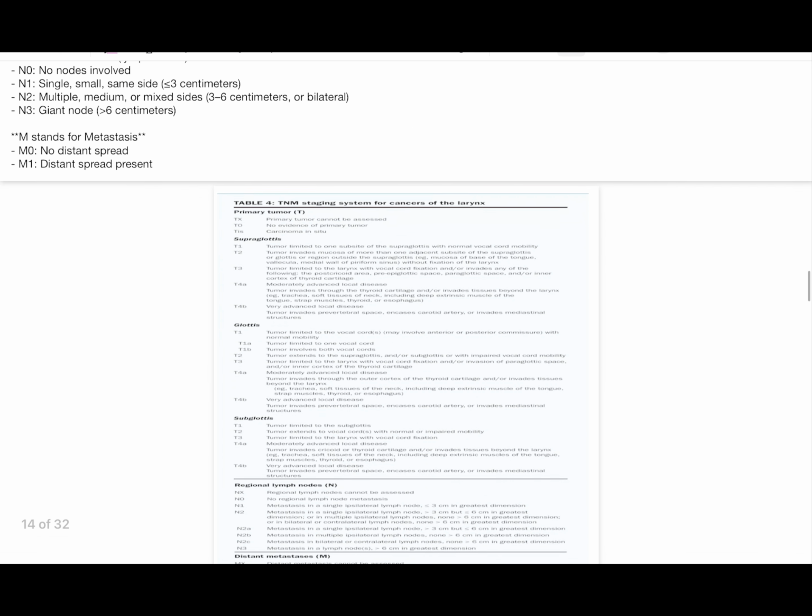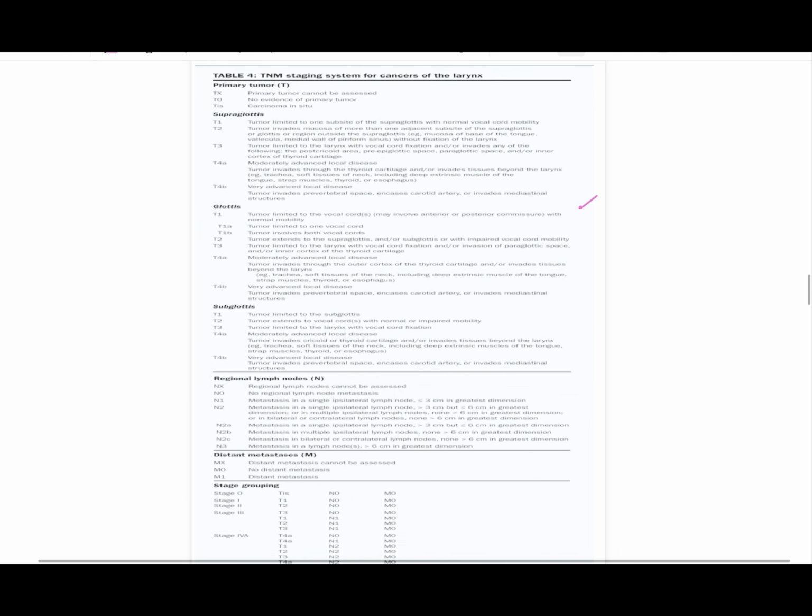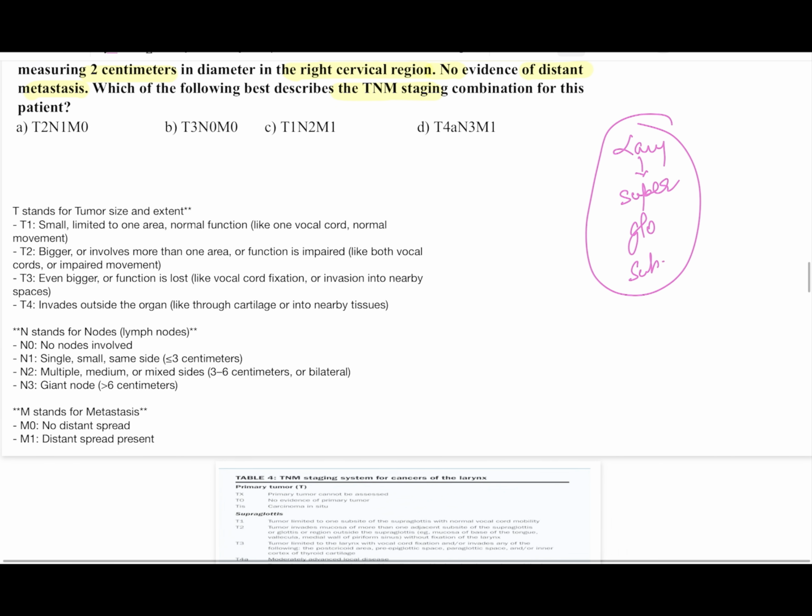Examination reveals a single firm non-tender lymph node measuring 2 cm in diameter in the right cervical region. No distant metastasis is seen. So what will be the TNM staging? If you know laryngeal carcinoma, TNM staging is divided into 3: supraglottic carcinomas, glottic and subglottic. So here is the full list.